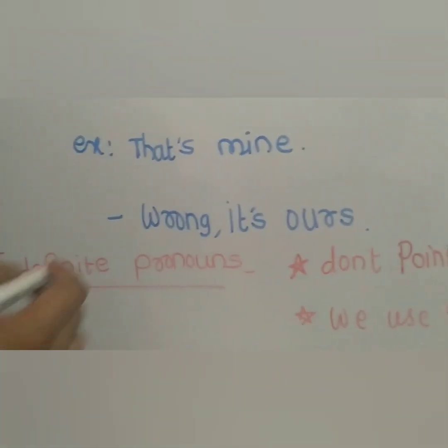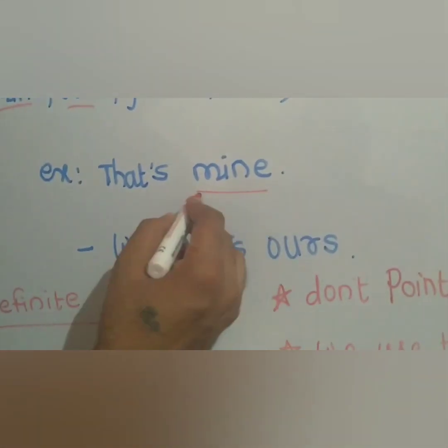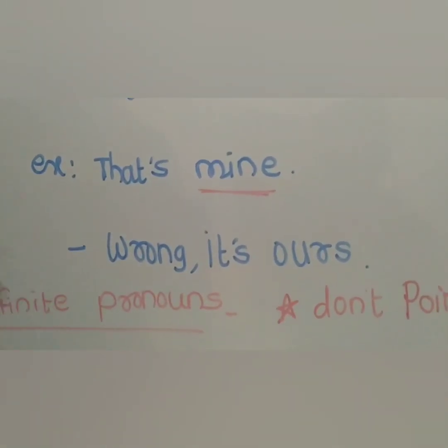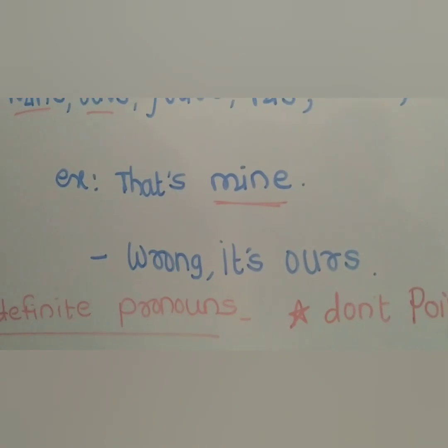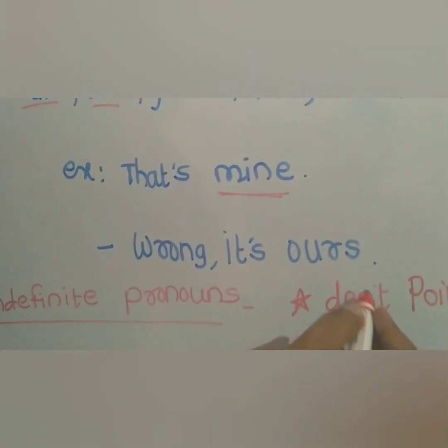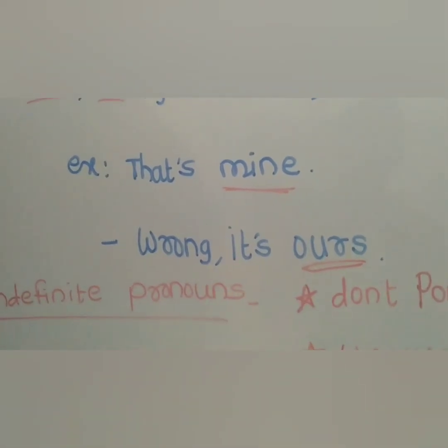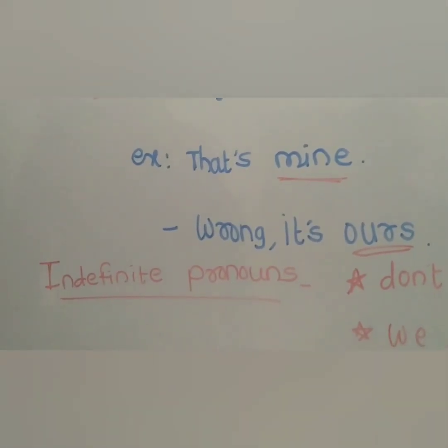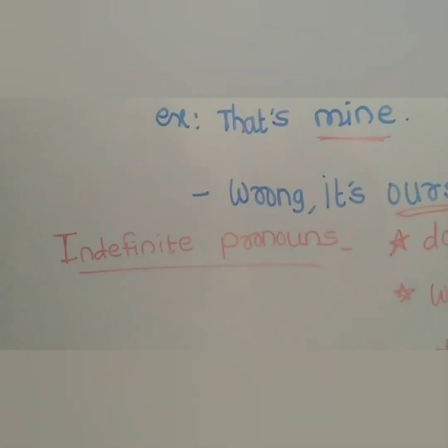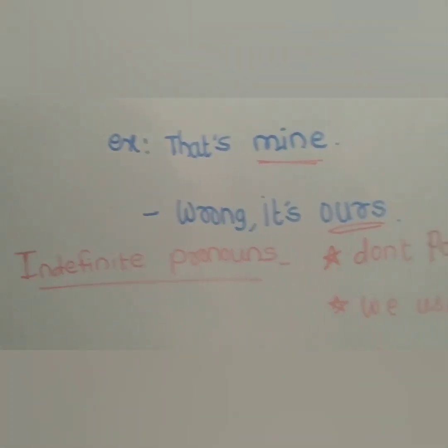So we can find the independent possessive pronoun. Mine is the independent possessive pronoun in "That's mine." In the second sentence, "It's yours," yours is also an independent possessive pronoun. The next type of pronoun is the indefinite pronoun.